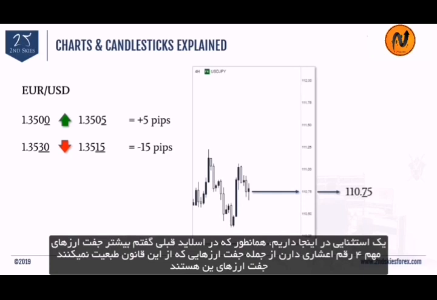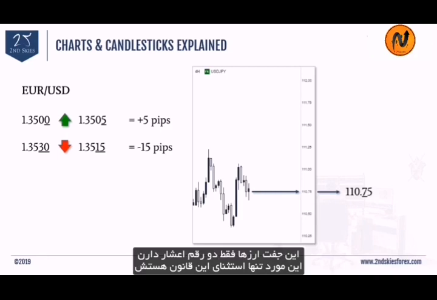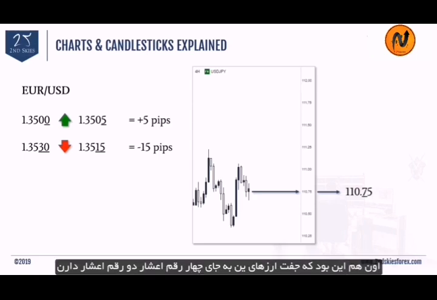One exception to what I mentioned in the previous slide, that most major currency pairs have 4 decimal points, is yen pairs. Yen pairs have only 2 decimal points. So that's the only exception to this rule. So 2 decimal points instead of 4 or 5.